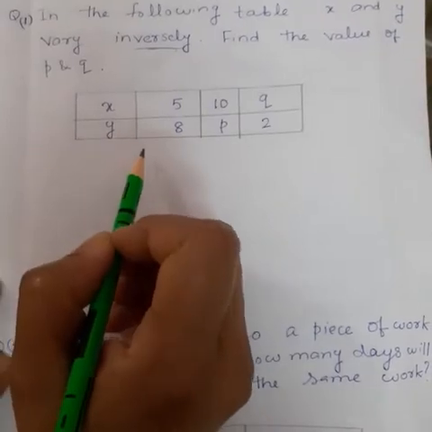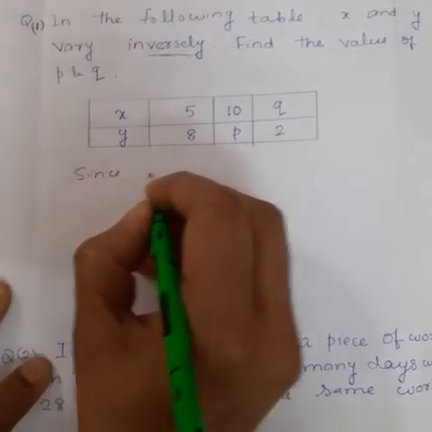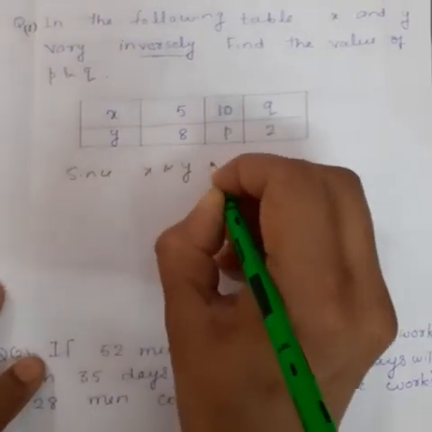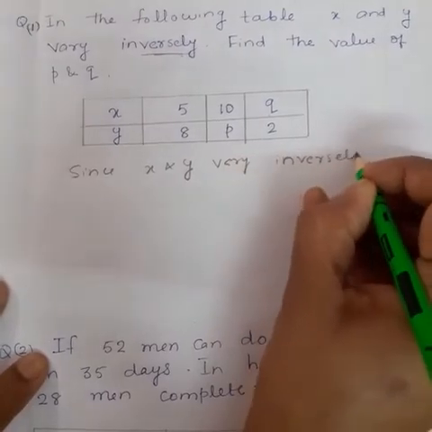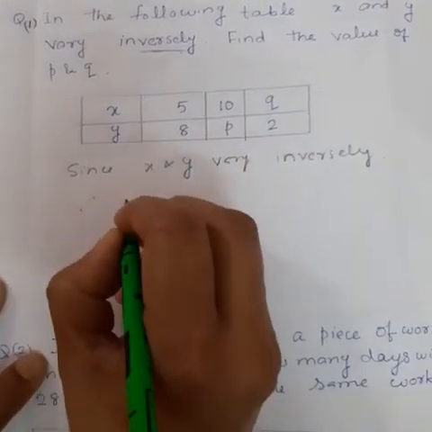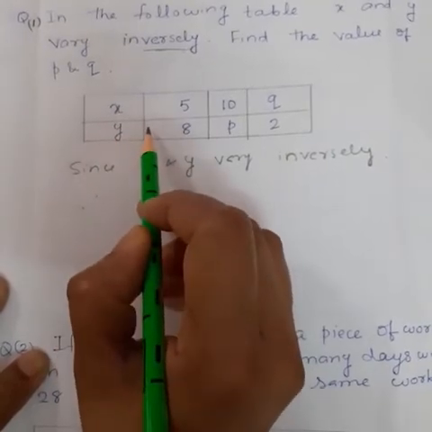Since x and y vary inversely, the product x into y is a constant. We know that in inverse variation x into y is equal to a constant.